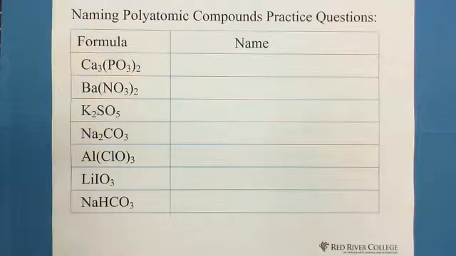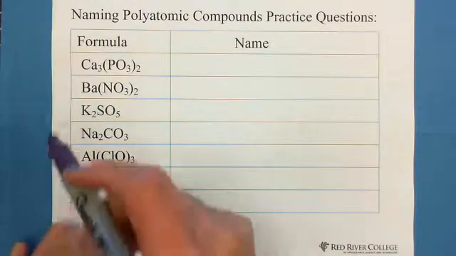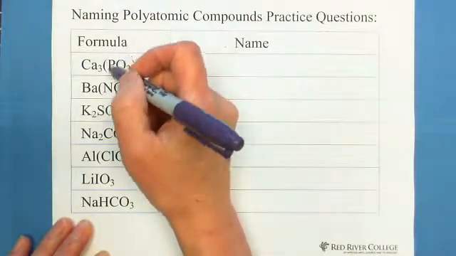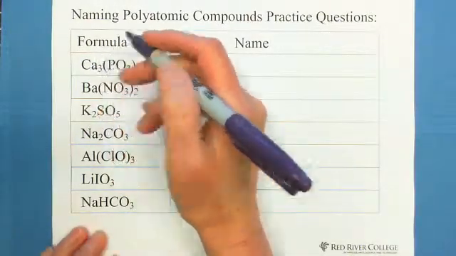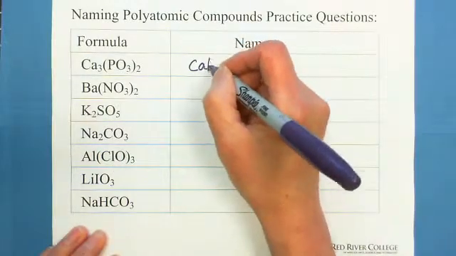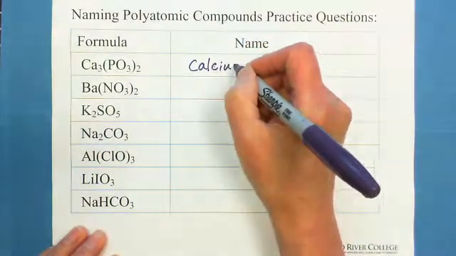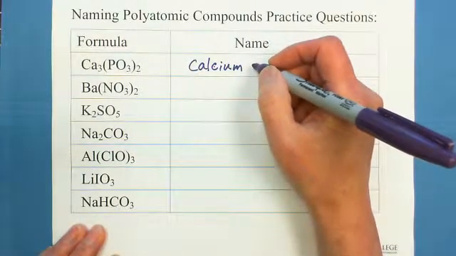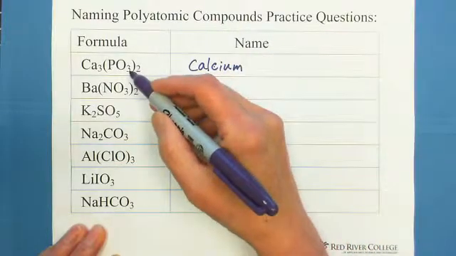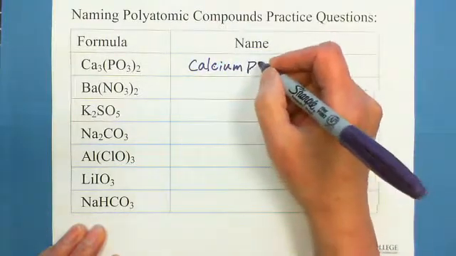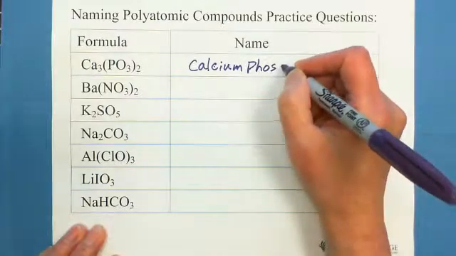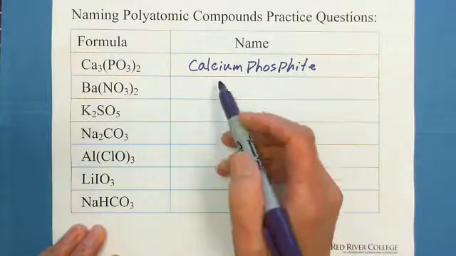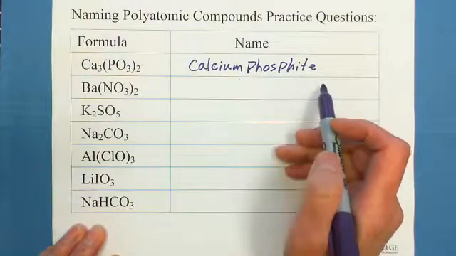After several practices, you will memorize. First of all, identify the metal and the polyatomic ion. Ca is calcium. PO3: because PO4 is phosphate, one less is phosphite. So the name is calcium phosphite.